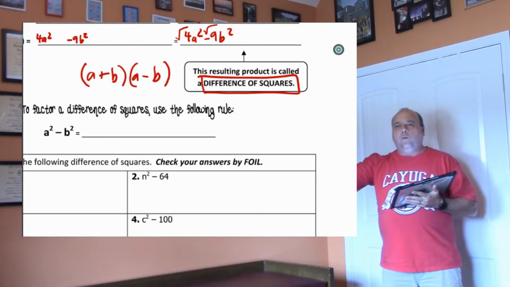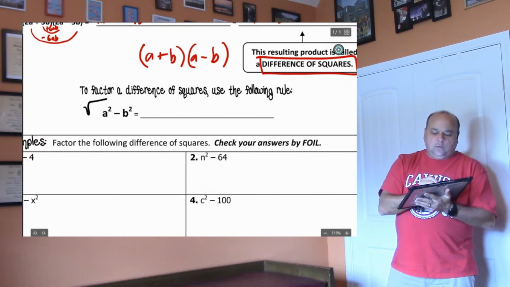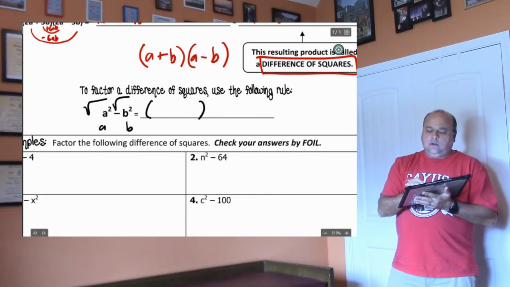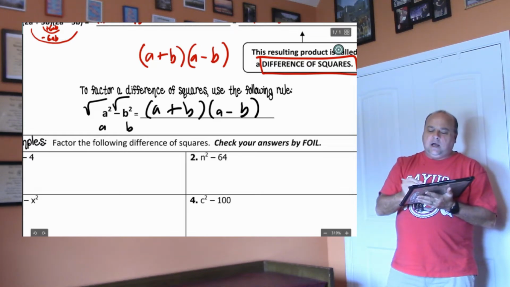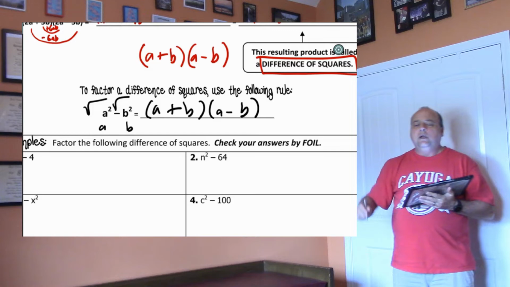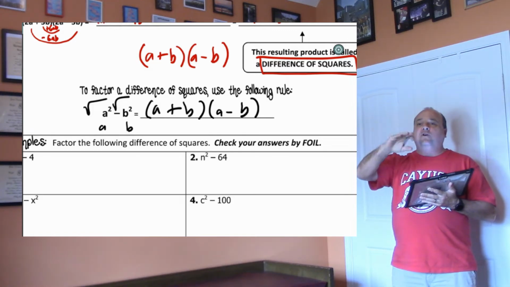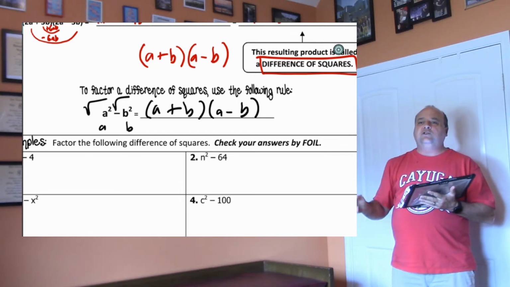The way you would factor this is square root: the square root of a squared is a, the square root of b squared is b. You draw your parentheses, put a and b in both parentheses, and the signs will be opposite. That's all you have to do. So if there's no middle term, and the first and last terms are perfect squares, it's always going to be a difference of squares.